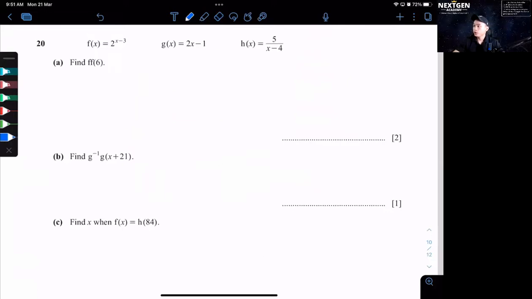Question 20. Okay, question 20. Fx, this is a function question. Fx equals 2 to the power of x minus 3. Gx equals 2x minus 1. Hx equals 5 over x minus 4.